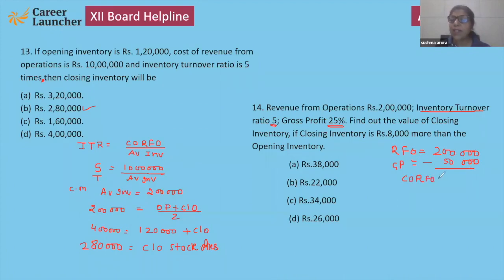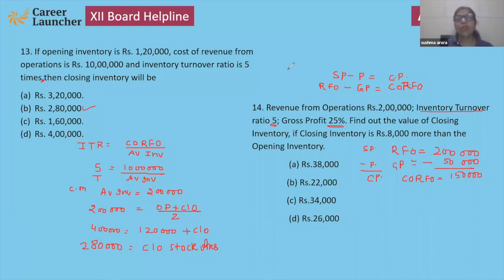See, in your childhood, you have learned one formula, selling price minus profit, then you can come to know cost price. In class 5th, 6th, you have learned that formula, that selling price minus profit will be cost price. Same way, now selling price is known as RFO, profit is known as GP, and cost price is known as Corfo. So you can use your formula of class 5 in class 12. Got it? Now see, this is Corfo.